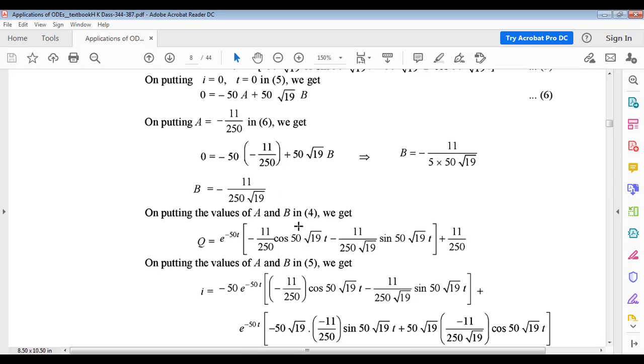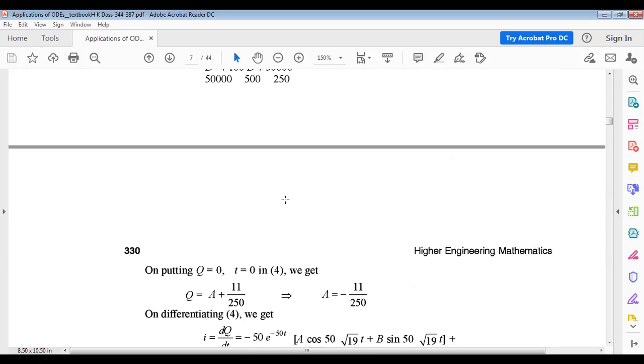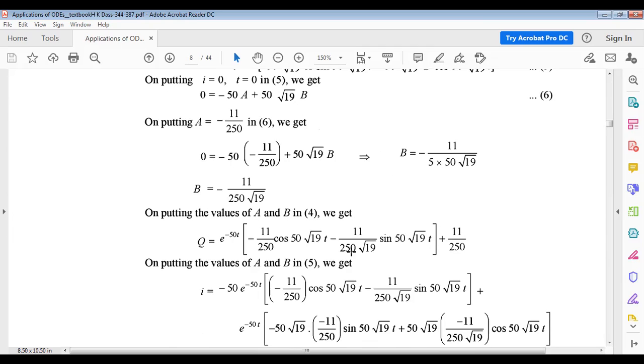So putting these values in equation number 4, which was the complete solution, this will give the whole complete solution. Q equals to this, just putting a and b values in equation 4.